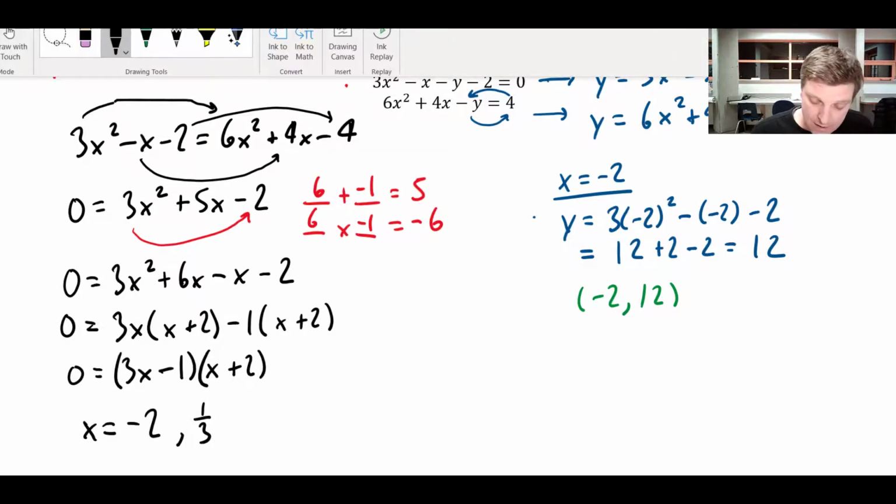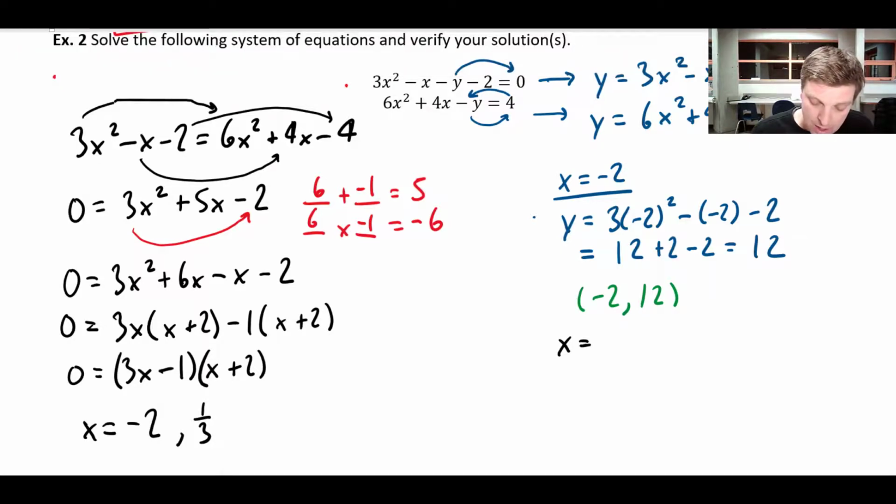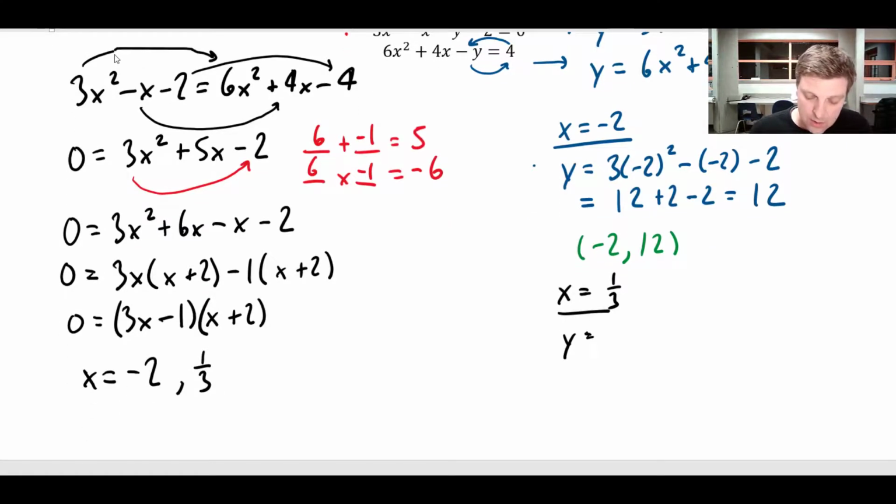I'll do this again now for x equal to 1/3. And so I would get y is equal to 3 times 1/3 squared minus 1/3 minus 2.